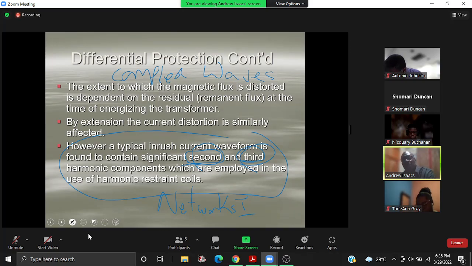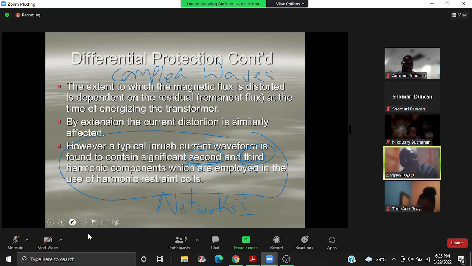Three, if it's a through fault, meaning the current is only passing through the transformer, then the differential will not operate because the current coming into the transformer would be equal to the current leaving the transformer.